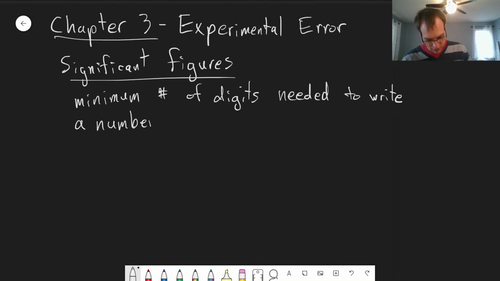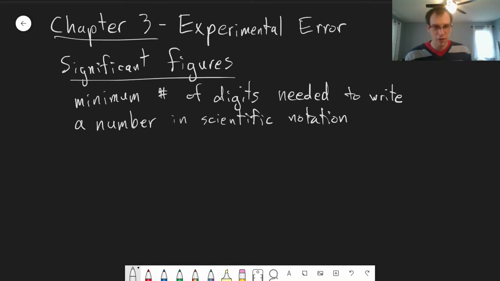And we specify that in scientific notation to make it clear that with significant figures, we often have zeros that are placeholders, and we'll go over those rules in just a minute. And so if we write things in scientific notation, then we don't have to worry about did we add extra zeros at the end of a very large number or have a bunch of extra zeros at the beginning of a very small number. If we write in scientific notation, that issue is not relevant anymore. And the idea is that we write it without losing precision.